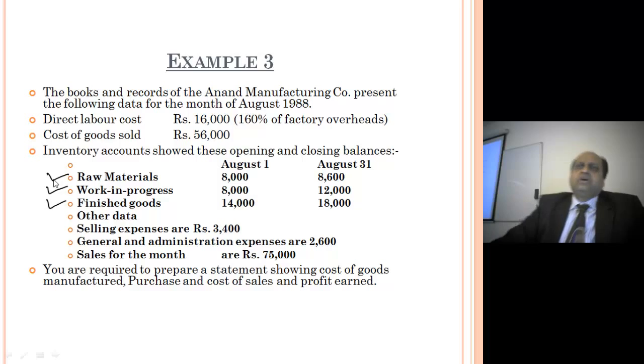So we need to make a complete cost sheet, right? So we have three kinds of stock, that is raw material, work in progress and finished stock. So we need to make the complete cost sheet.